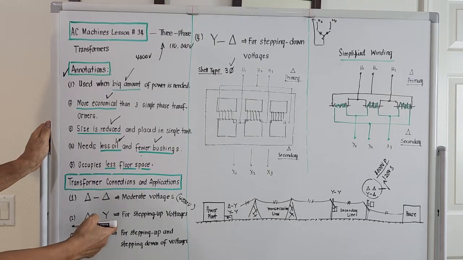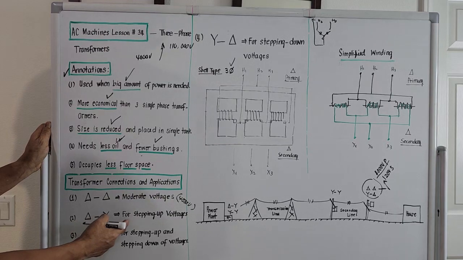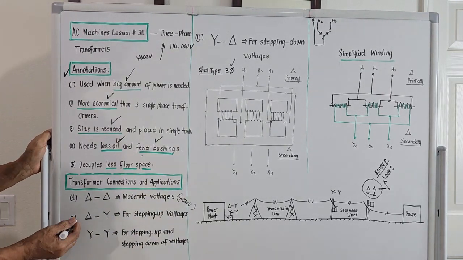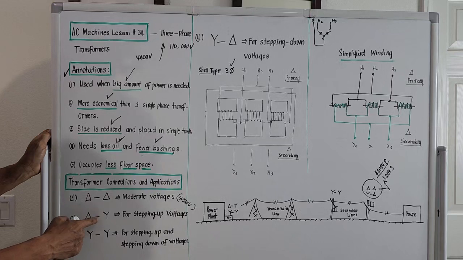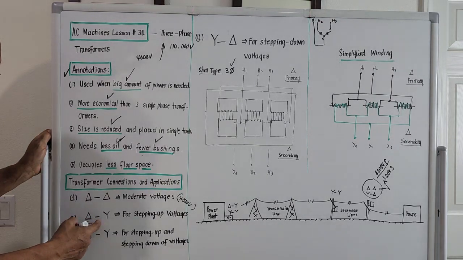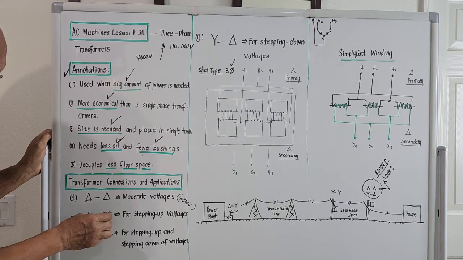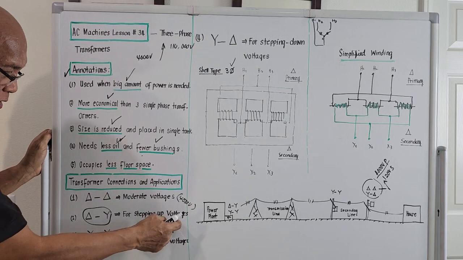So this is a step-up connection. The delta part is the low voltage. When it goes to the secondary, the connection will be Y. That's why it is a step up. So delta to Y is used for stepping up voltages.